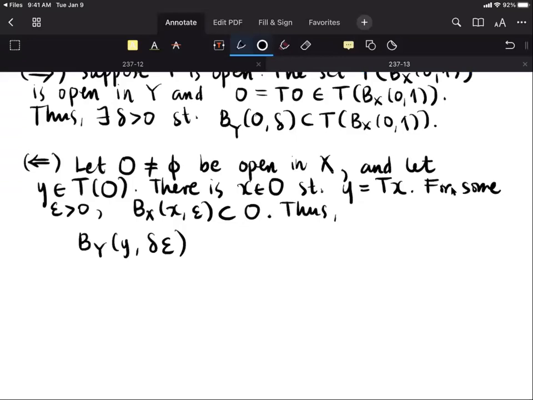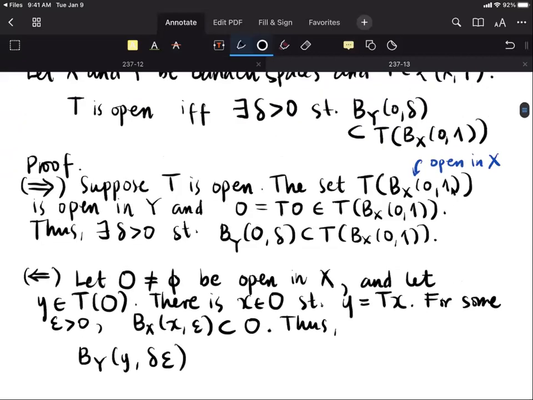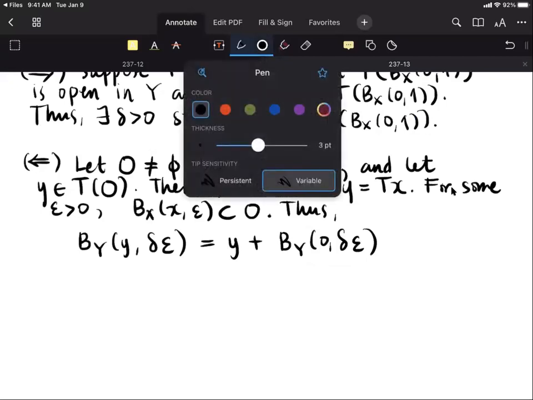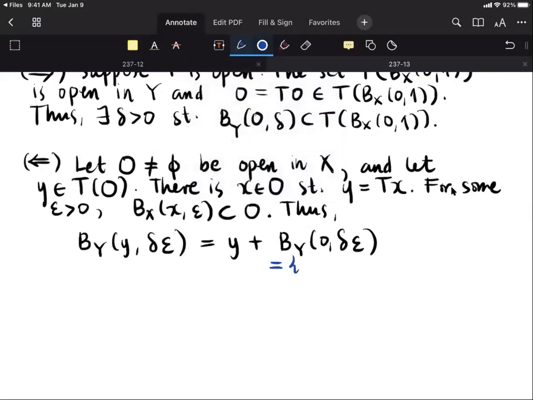What is this delta? This delta is the number corresponding to this statement here. You can translate: this is a set of the form y plus z, such that z is in the open ball with center 0 and radius delta epsilon.